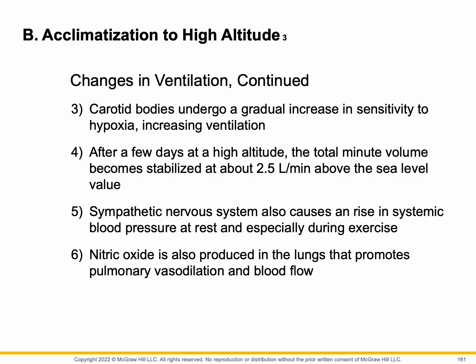The carotid bodies undergo a gradual increase in sensitivity to hypoxia, increasing the ventilation, and after a few days at a high altitude, the total minute volume becomes stabilized at about 2.5 liters per minute above the sea level value. The sympathetic nervous system also causes a rise in systemic blood pressure at rest and especially during exercise. And nitric oxide is also produced in the lungs that will promote pulmonary vasodilation and blood flow.